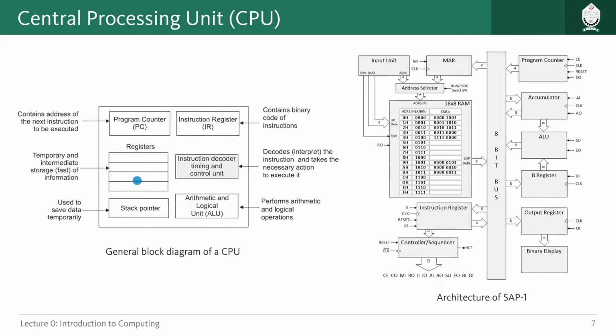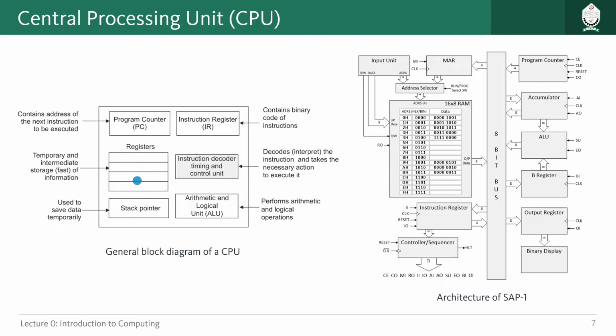So what you have to understand, for the case of microprocessors, we said that the memories are separate from the CPU and they are externally connected, for example RAM and ROM. But even after that, there is a very small amount of memory embedded onto the CPU for fast operation.